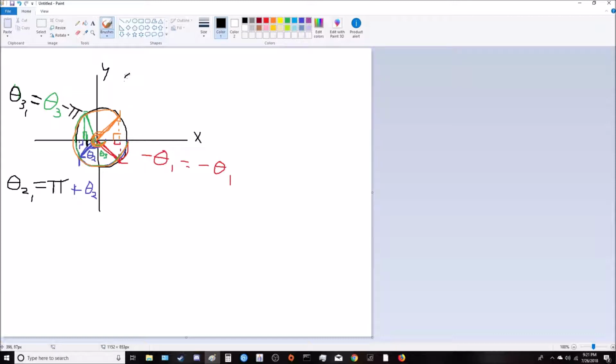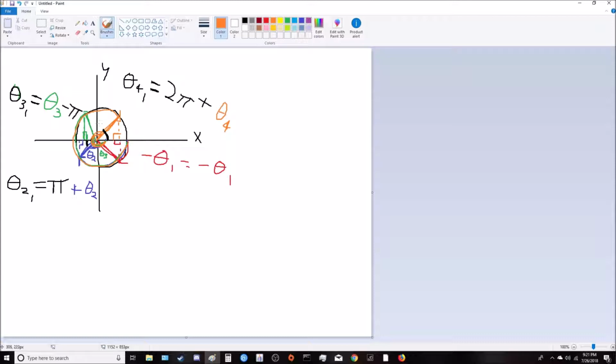So theta sub 4 sub 1, that's going to be this equivalent angle right here, is equal to 2 pi plus, since our angle is negative, remember, theta sub 4.